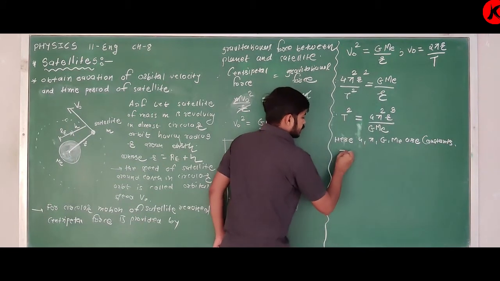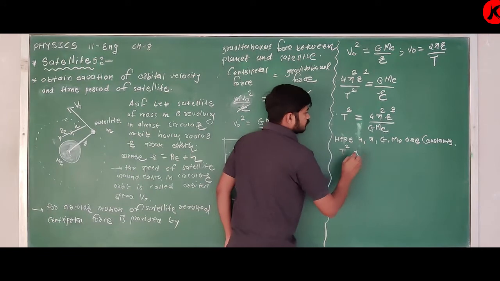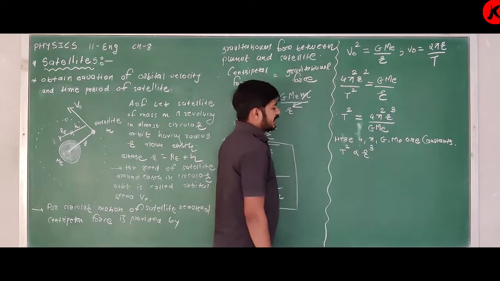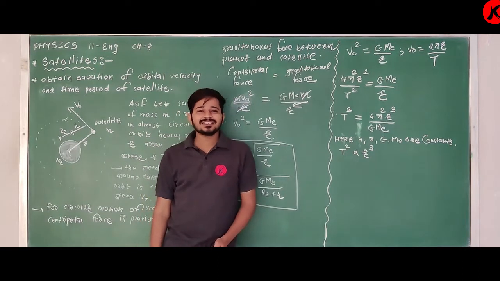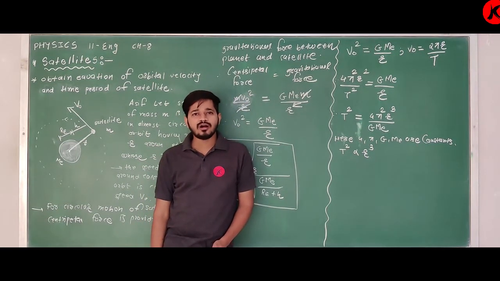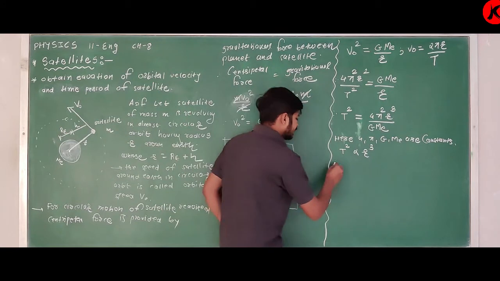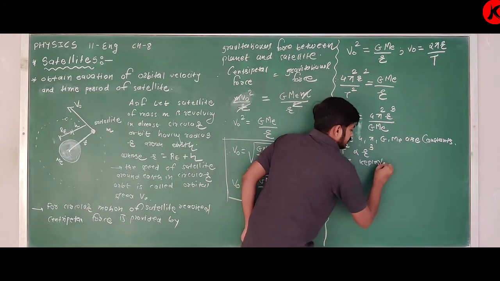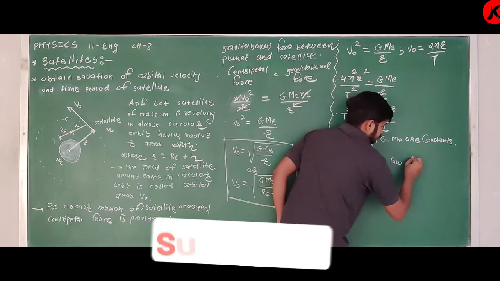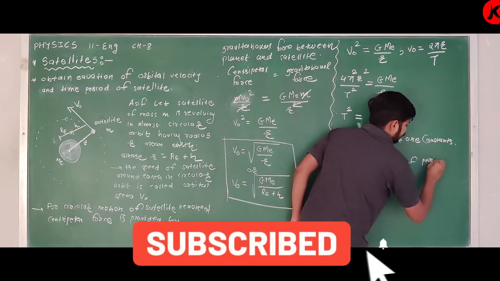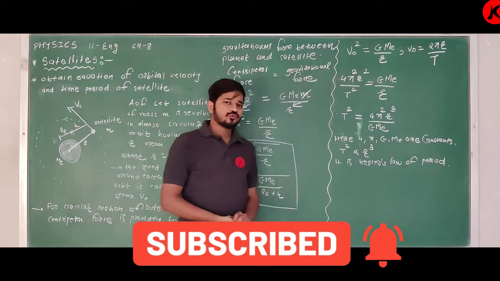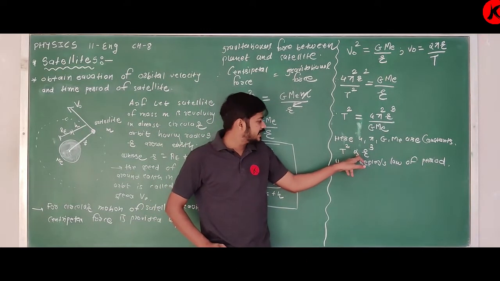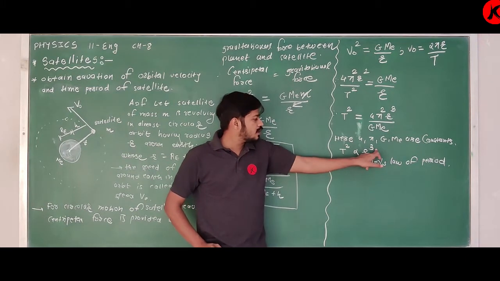So I can write T square is proportional to r cube, and it is nothing but Kepler's law of period. That is, the square of time period is directly proportional to the cube of radius.